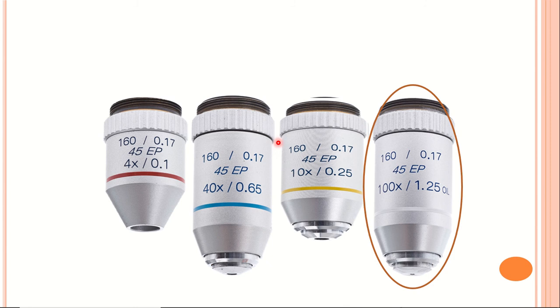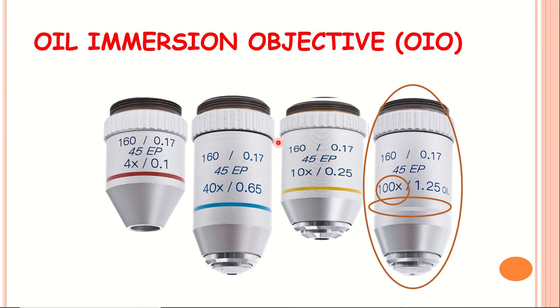And the last type of objective has the same size as the high power objective, with 100X magnification, considered the greatest magnification, and white color. This is the oil immersion objective, or OIO.